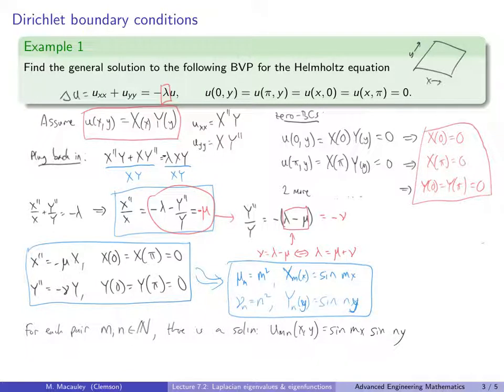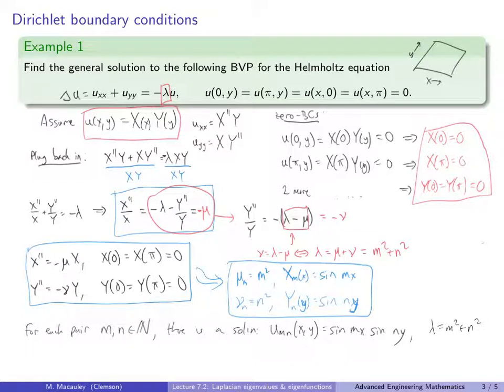Okay, so we have a solution, and notice that for this particular choice of m and n, lambda is equal to mu plus nu, which is m squared plus n squared. So let me just write that down. Lambda is m squared plus n squared.